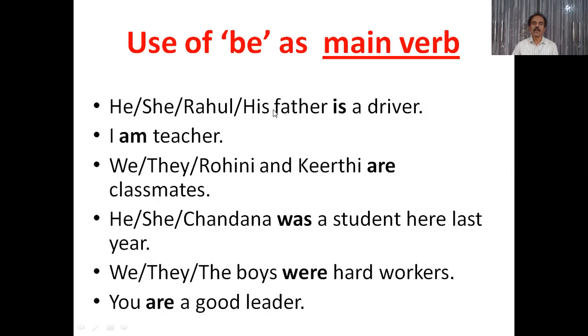Okay, so why he, she, Rahul, his father? Why have we used so many subjects here? Observe these subjects: he singular, she singular, Rahul singular, his father singular. That means is is used when the subject is singular, and the tense is present tense.